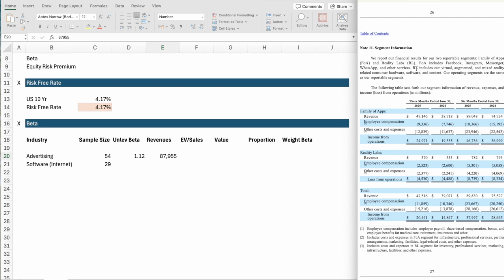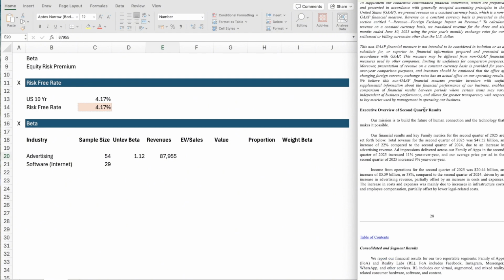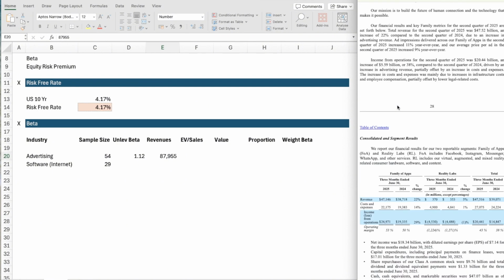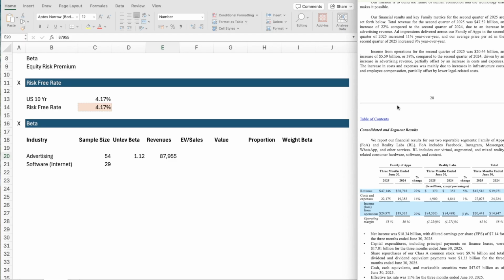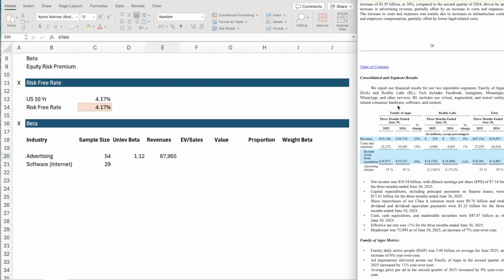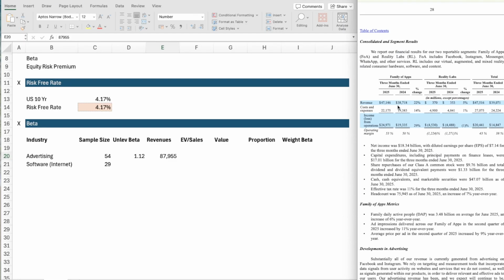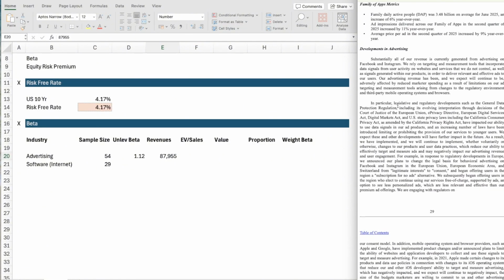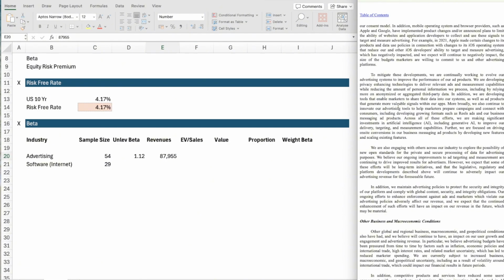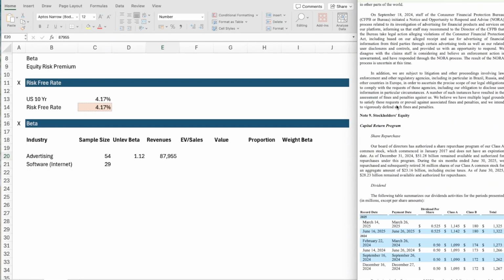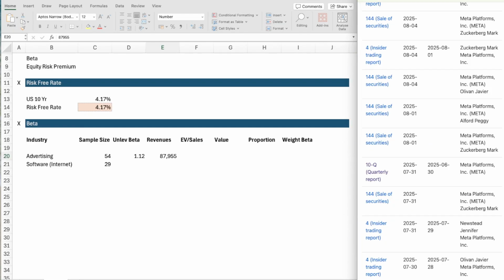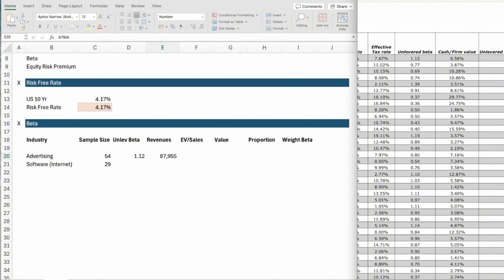Okay, segment information. Okay, well, it says that the Reality Labs is hardware.